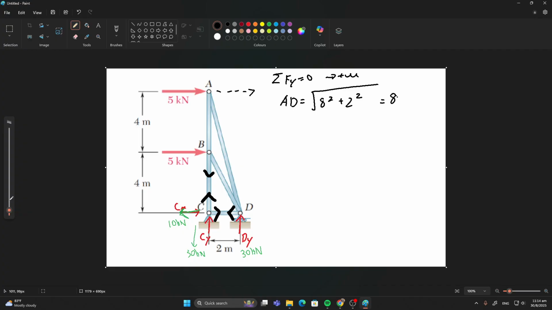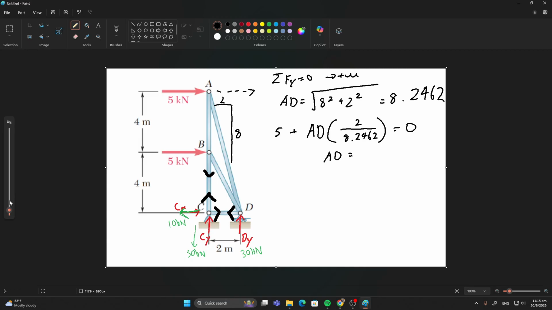I get 8.2462. I'm going to leave it in the square root of 68 for my working. So 5 kilonewtons plus 80 over 8.2462, and the x direction will be 2, because if I draw the similar triangle, where can I draw it? Here. This is 8, this is 2, then this is the 8 point something, okay? So I'm taking AD divided by this length times 2, which explains this one here, equals 0.